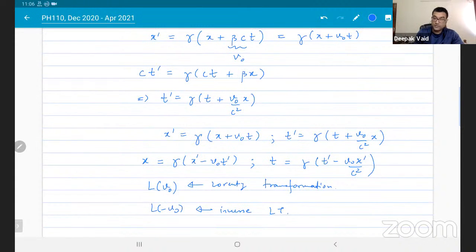The transformation is the same; the sign is not important. Sometimes if you have just blindly looked at a lot of problems, you might think this is the Lorentz transformation and this is the inverse Lorentz transformation. No, they're both Lorentz transformations.